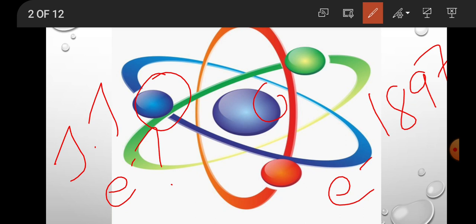They used tiny drops of oil and balanced them floating in mid-air by using gravity and electricity. Using this technique, they were able to determine how much charge each electron had.